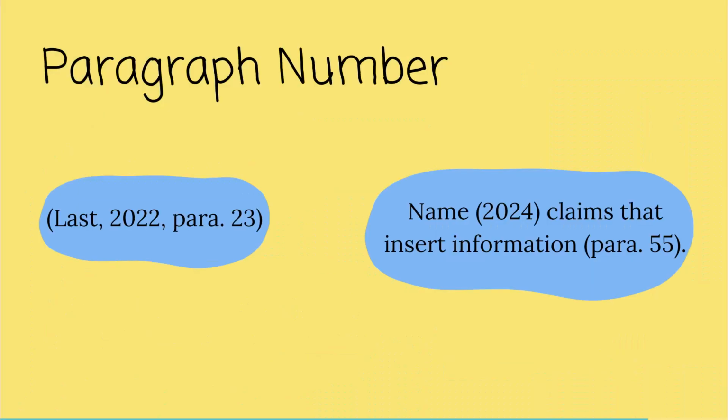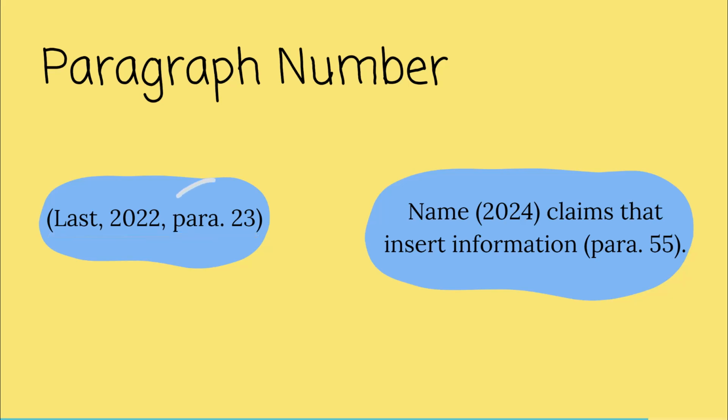Sometimes works that we're citing don't have page numbers. This is often seen on sources such as web pages. What you would do then is count the number of paragraphs, and you would use that paragraph number in your citation. Like the page numbers, if you do not say the author's last name in the sentence, all of the information goes at the end of the sentence, and your paragraph number information will follow the year of publication.